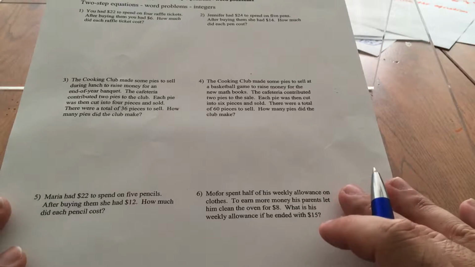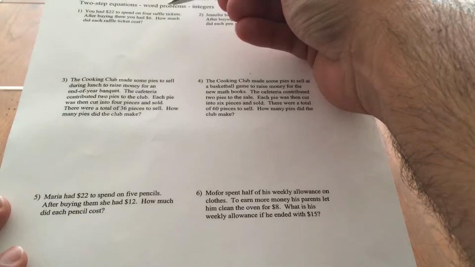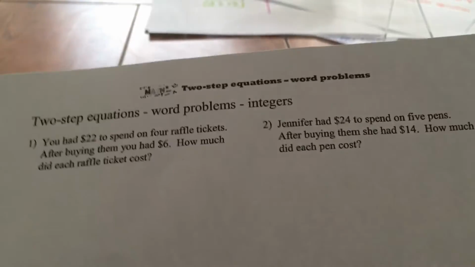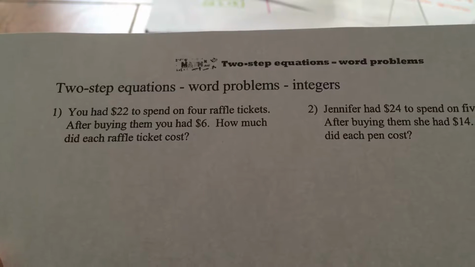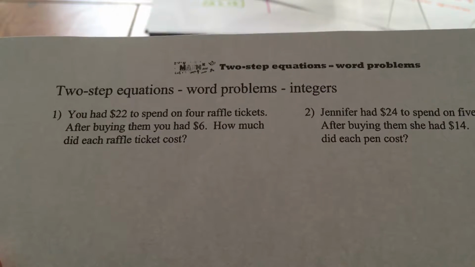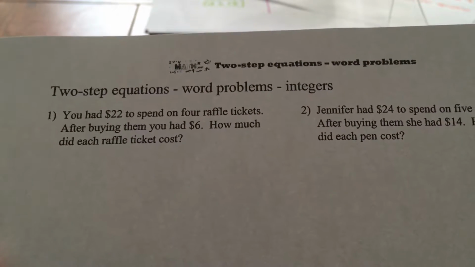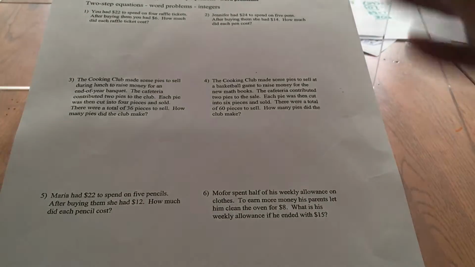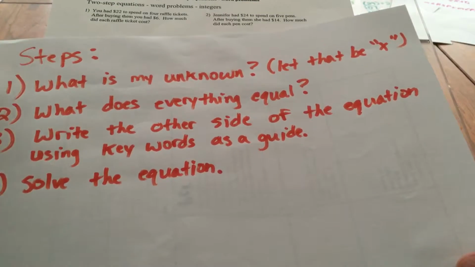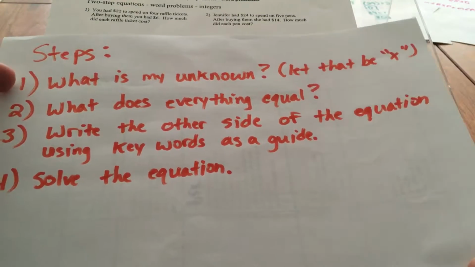Okay, so in number 1, up here at the top, and I'll pull it down so you can read it at first. Notice up here it says you had $22 to spend on 4 raffle tickets. After buying them, you had $6. How much did each raffle ticket cost? Alright, that's what the problem says. If we go back to our handy dandy little list of things, first step is to figure out what your unknown is.